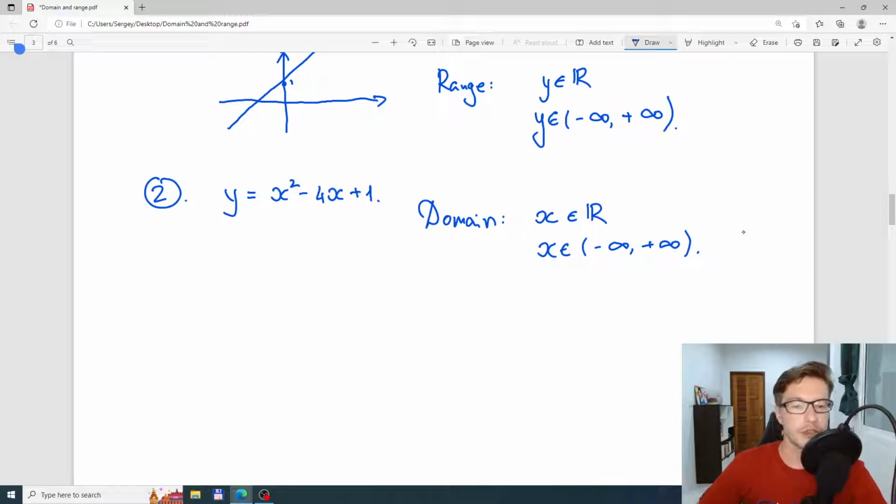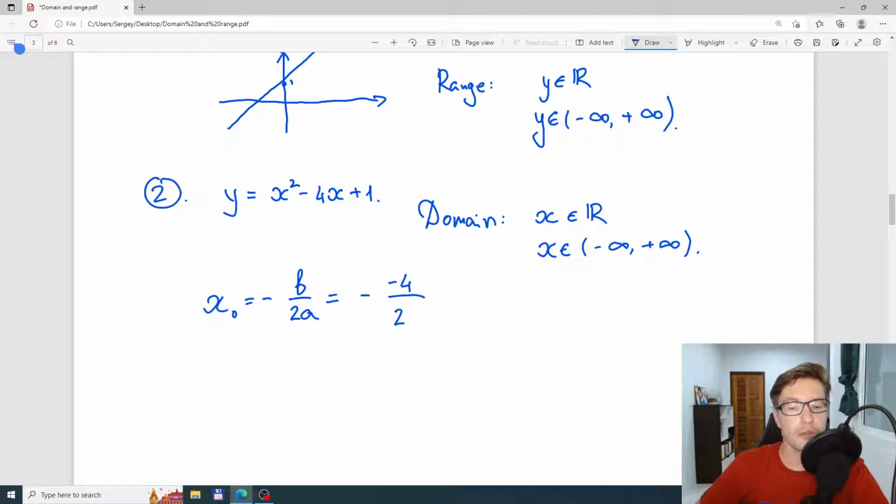And to sketch it, let's find first of all the turning point. So the x-coordinate of a turning point of quadratic function is minus b over 2a. Or you can use differentiation in order to find it. I'll just use minus b over 2a. Let's substitute all the numbers in there. So b is minus 4. a, the number in front of x squared, is 1.